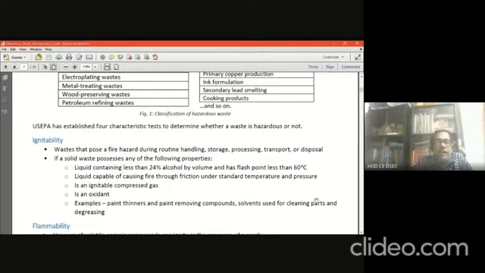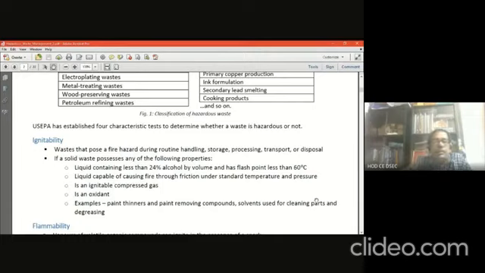One of the prime characteristics of hazardous waste by which we can identify it is ignitability: waste that poses a fire hazard during routine handling, storage, processing, transport or disposal, because it produces a fire hazard during handling and storage. That is relevant to hazardous waste management.